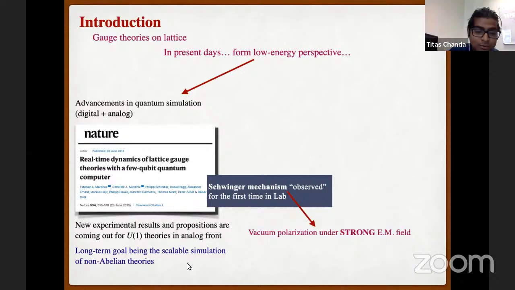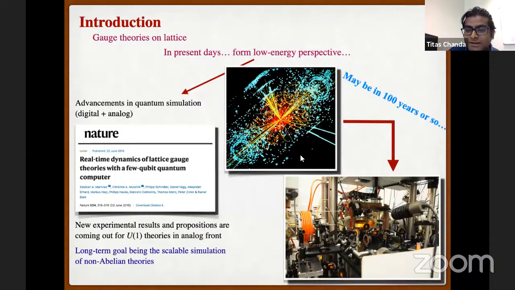And our long-term goal is to simulate non-abelian theories in a scalable way, so that maybe in 100 years or so, we can actually perform this kind of experiments that are only seen in the LHC or big colliders. So we can simulate these experiments in a tabletop setting in a closed room. So this is a long-term goal, but we have to start at some point.